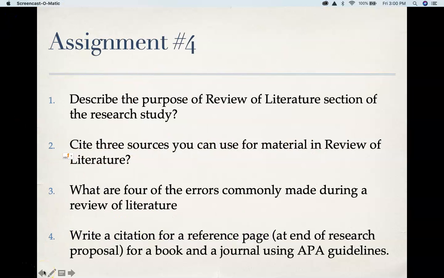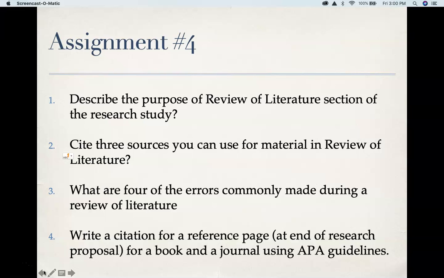Okay, so before I get into this slide, I want to talk a little bit about our schedule. I sent out an announcement yesterday letting everybody know that they can have up till February 22nd to turn in their draft of Chapter 1, because we've had a lot of questions about that. In light of that, for this week, you were supposed to turn in Chapter 1 if you have it ready, do the test, and also do assignment number 4.